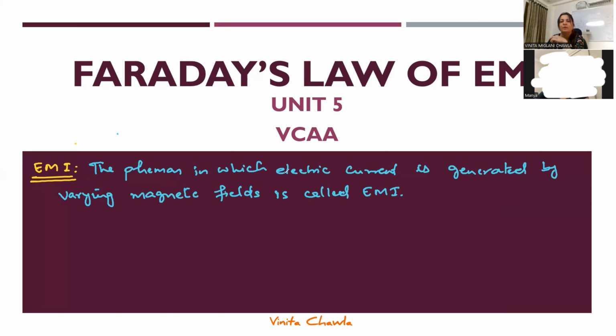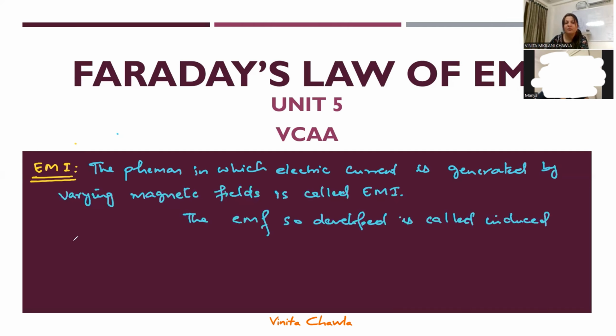The phenomenon in which we are producing the electric current by changing the magnetic field intensity at any point. And because here current is produced, EMF is developed. The EMF so developed is called induced EMF.